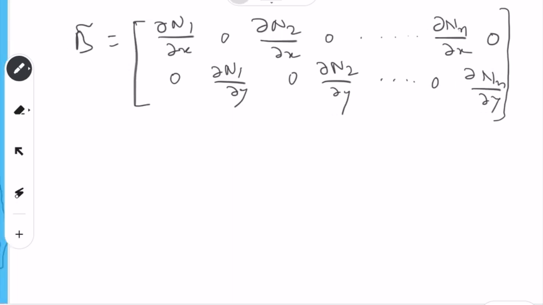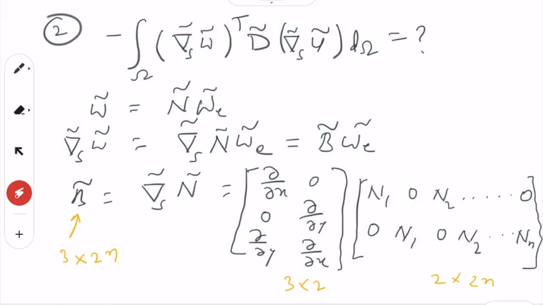Then we have the last row, which will be this one multiplied by this one. So we get n1 y1, so this multiplied by this. So we get n1 del y, next one will be del n1 del x and so on.